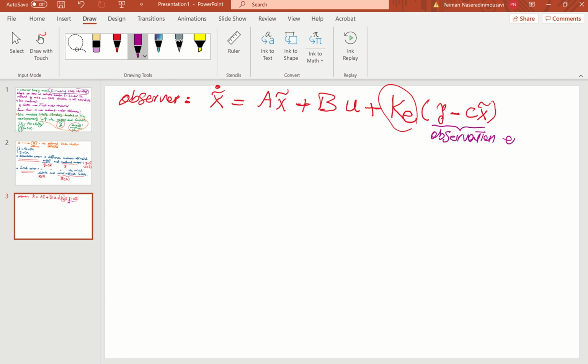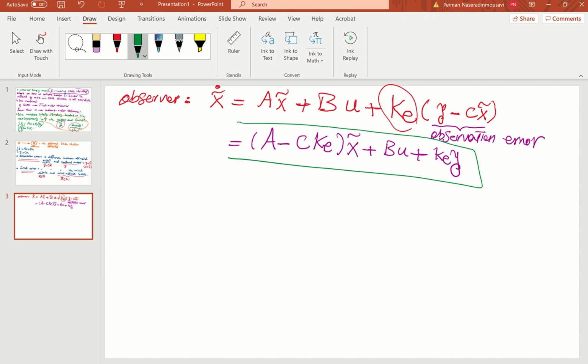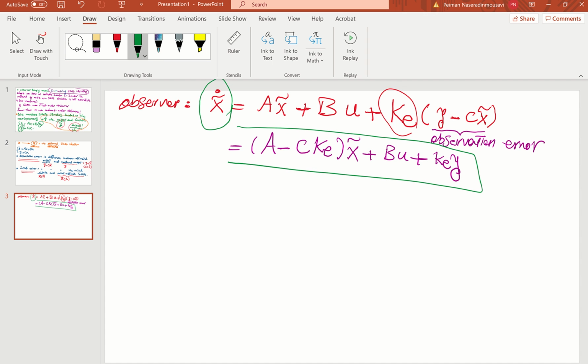If you rewrite that, because you have x hat, you get A minus KC times x hat plus Bu plus K y. This is exactly what we said: we are estimating the state variable by the measured output y and the control signal.